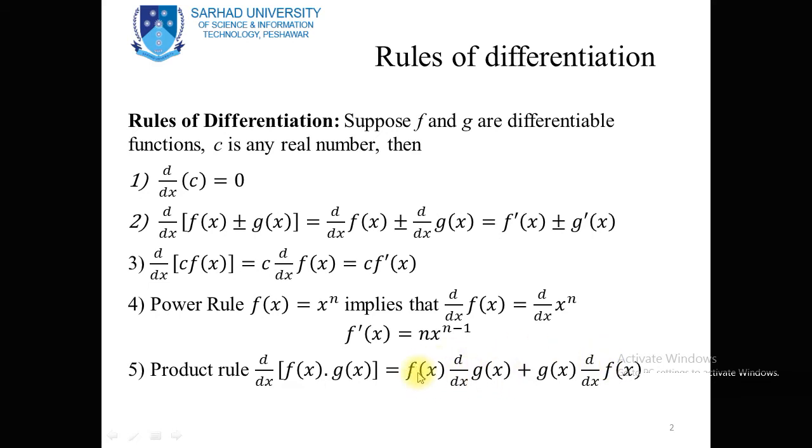This is called the product rule of derivative, when two functions are multiplied. Dear students, sometimes we can multiply these two functions and then take the derivative after multiplication, but sometimes the multiplication of two functions may be complicated. So in this product form, we can calculate the derivative by using this rule: first times derivative of second plus second times derivative of first function with respect to independent variable x.